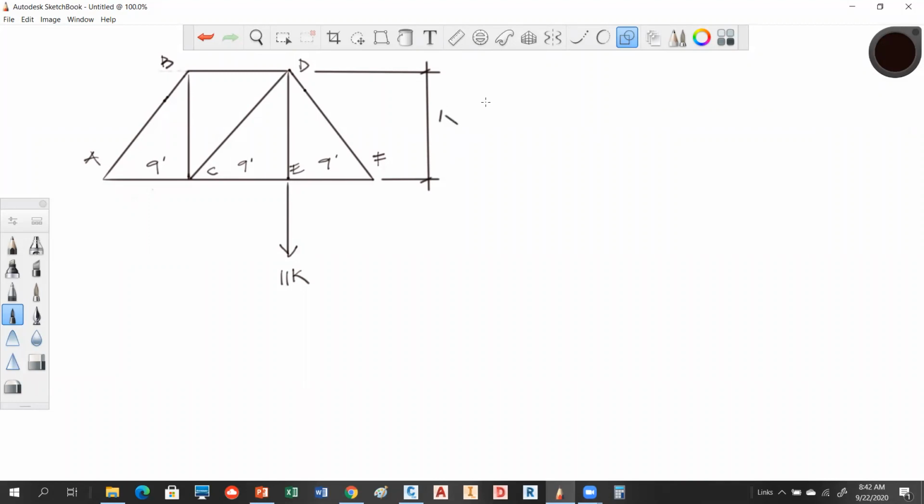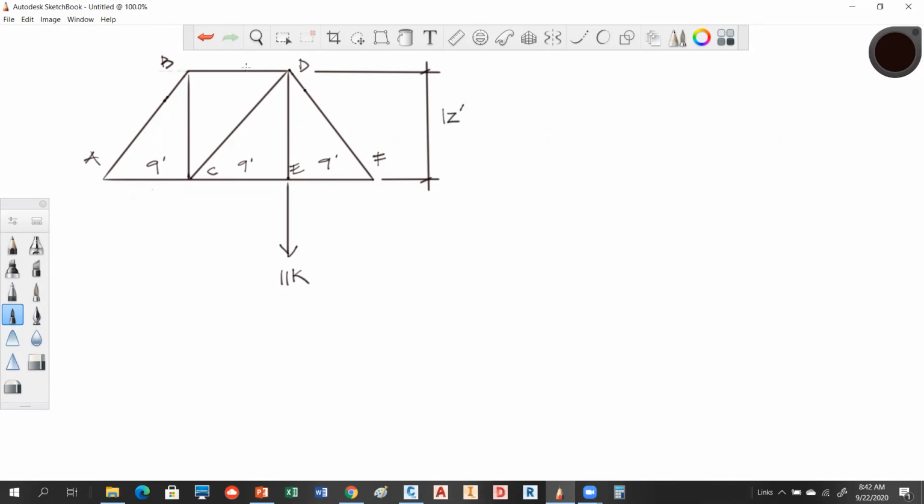Whoops. It's doing that so weird now. Oh, that's why. All right. Let me clean that up a minute. Okay, so we have a 12-foot height.